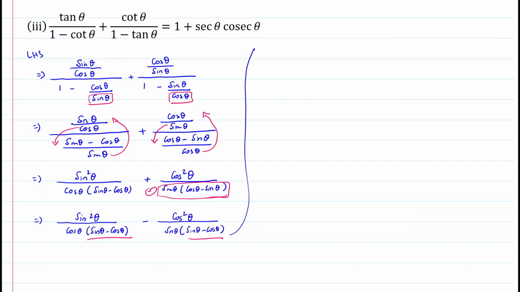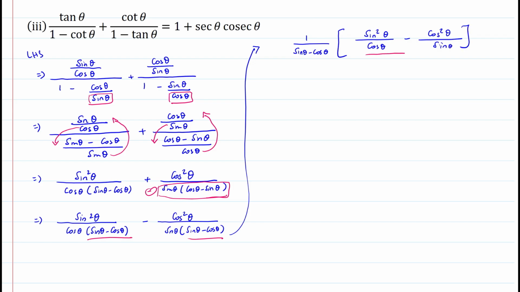I'll write the next step here, 1 by sin theta minus cos theta, the whole thing into sin square theta divided by cos theta minus cos square theta divided by sin theta.